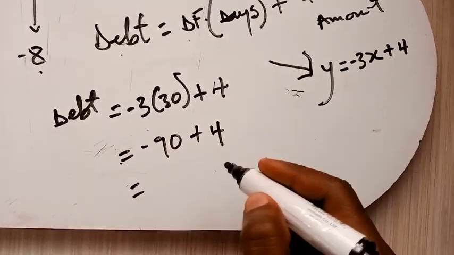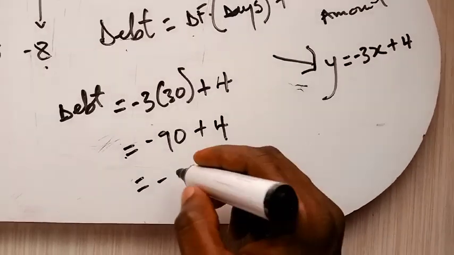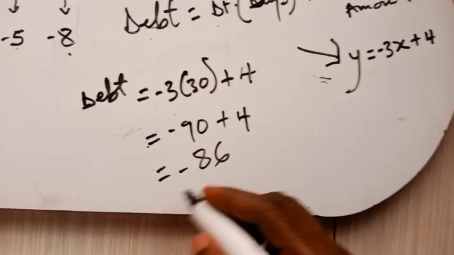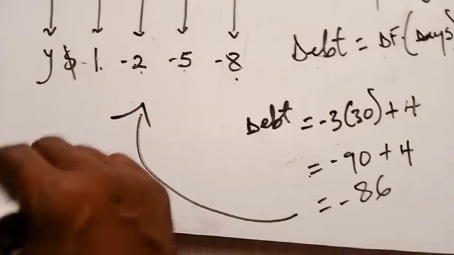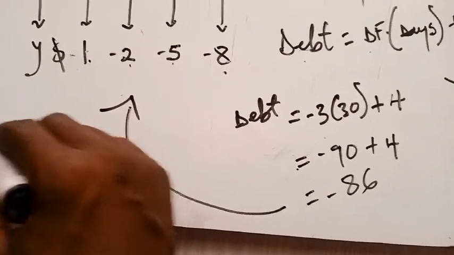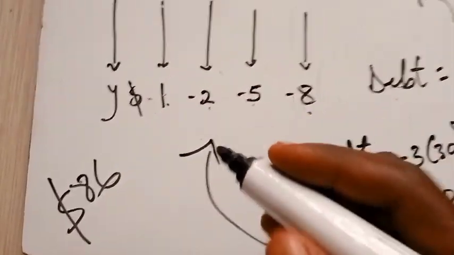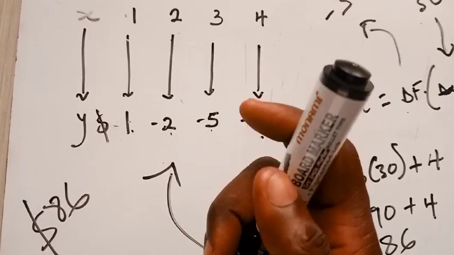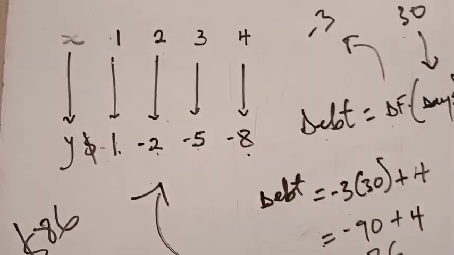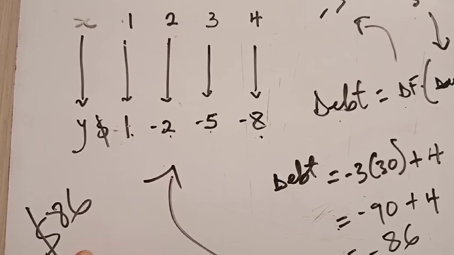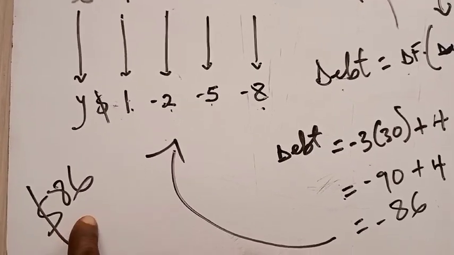So then let's see. We are going to have a negative 86. So we are going to be in debt of $86 on the 30th day, if you persist in using that credit card to check your basket. So you are going to run into a debt of negative $86, right?